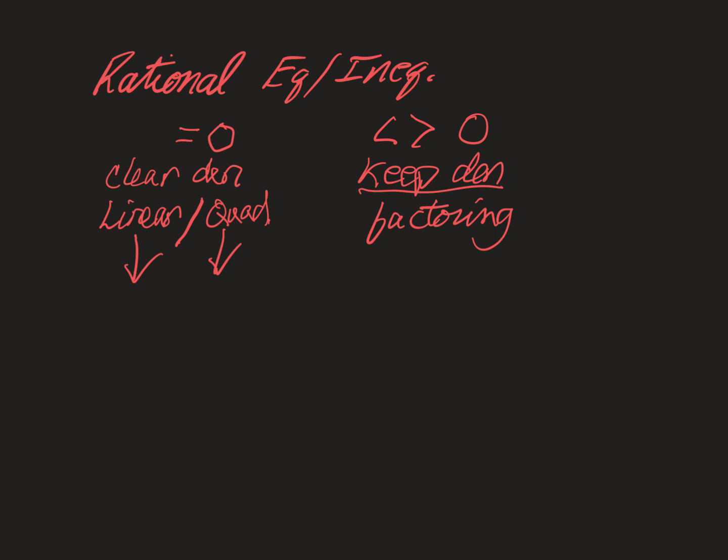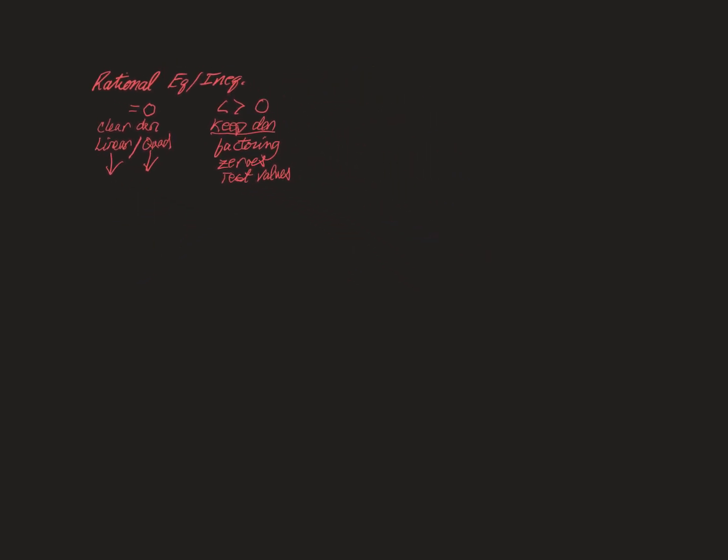And then once we factor, we're going to find the zeros, and then we're going to pick test values to choose the correct intervals. So that's sort of the correct way of thinking about where you go. That's sort of a reminder of what to do. So let's try that.